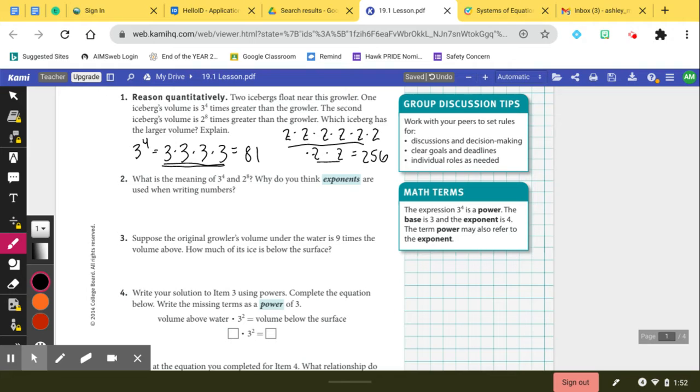So number 3 says, suppose the original growler's volume underwater is 9 times the volume above. How much of its ice is below the surface?